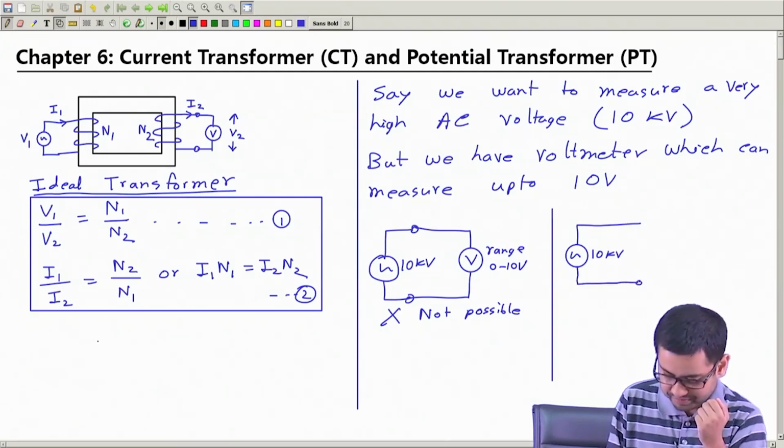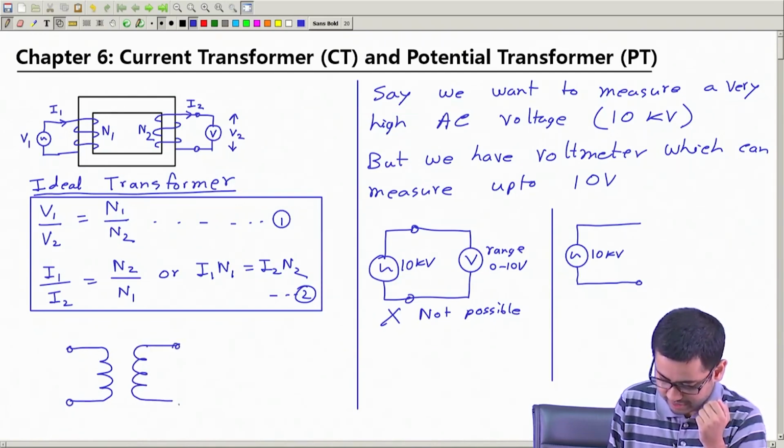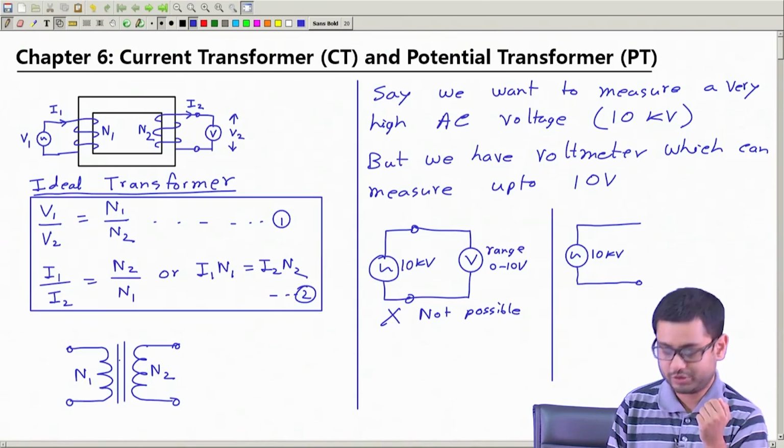The symbol of a transformer is often like this. This is the schematic: primary with N1 turns, secondary with N2 turns, and if I draw these lines between them, it means it is an iron core transformer.